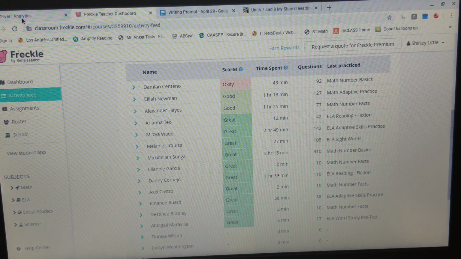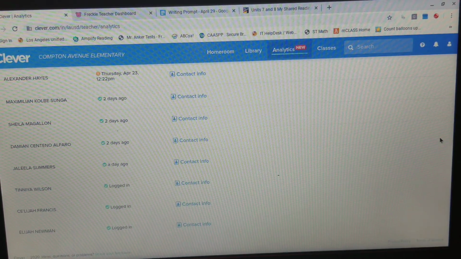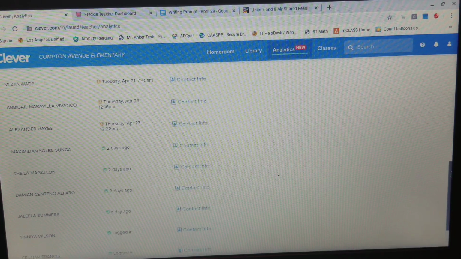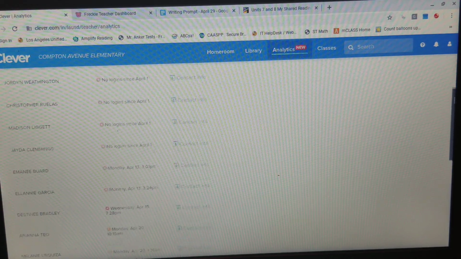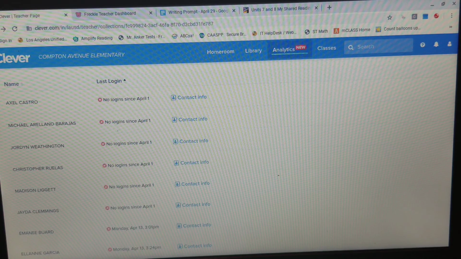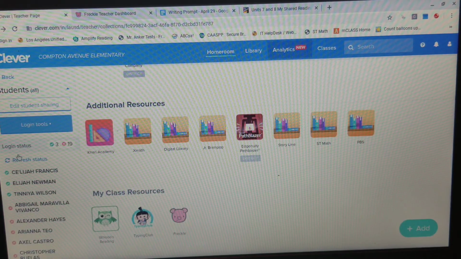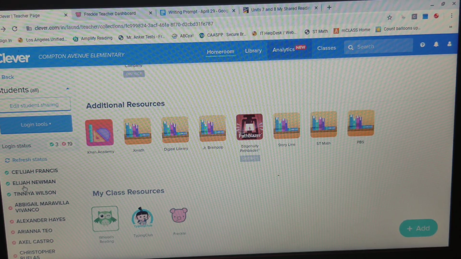I also can check the Clever account and tell who's logged in and who hasn't. Right now, these 3 people are on Clever, and I can look and see what they're working on.